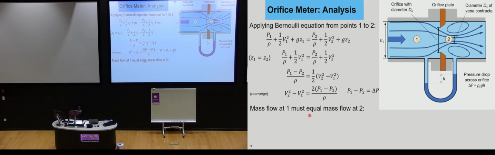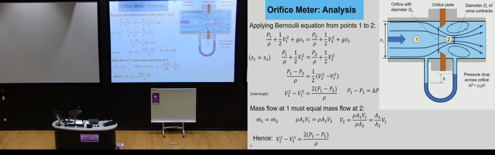The mass flow rate at 1 must equal the mass flow rate at 2 because we are conserving mass. So m1 dot is equal to m2 dot, that is, rho A1 times V1 is equal to rho A2 times V2. We rearrange that equation to get an expression for V2: V2 is equal to the ratio of the areas, A1 over A2, times V1.